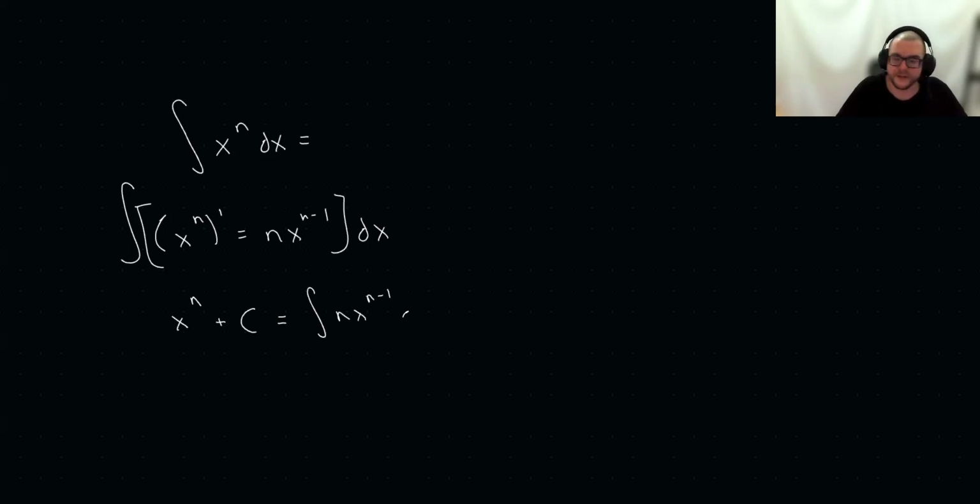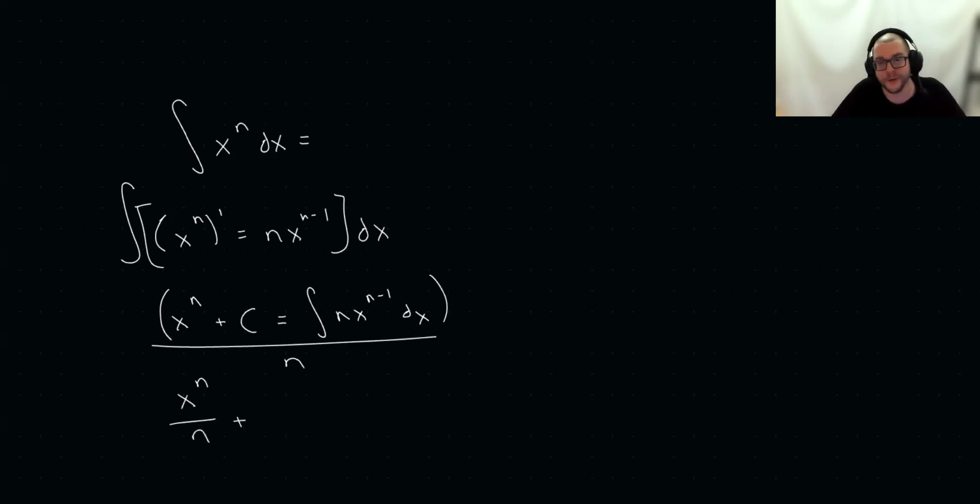That then gives us a formula for sort of like a power rule type thing. And now if I take this and divide both sides by n, I would get x to the n over n plus, well, c.